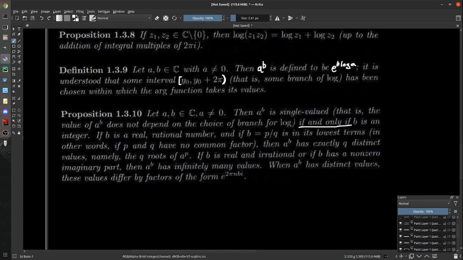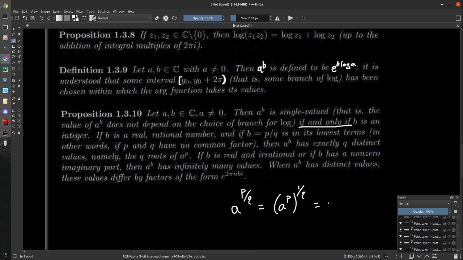But if you've got a rational number of the form p over q, that is just a fraction in lowest terms, reduce it as much as you can, cancel out whatever you need to, then a to the b has exactly q distinct values. And so these are the q roots of a to the p. So this is basically just saying if you take a to the p over q, then this is the same as saying a to the p to the 1 over q.